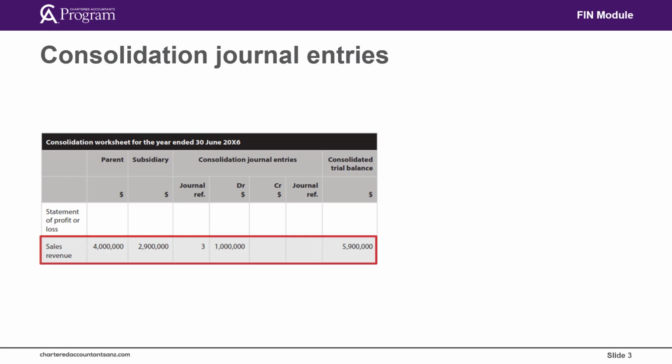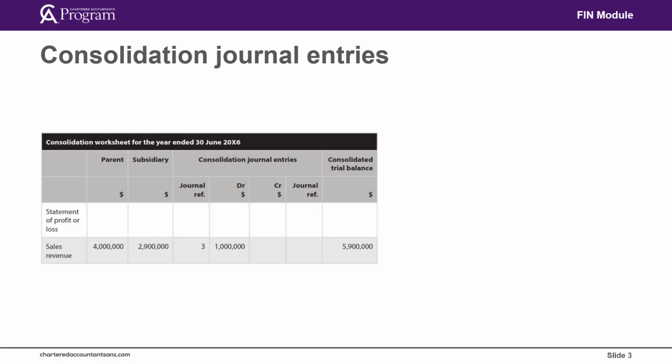So here, for example, we first add the sales revenue figures of the parent and the subsidiary to get 6.9 million. Then we need to eliminate intragroup sales during the period of 1 million to end up with a consolidated sales revenue amount of 5.9 million in the consolidated financial statements. The important thing to note here is because these consolidation journal entries are made on the consolidation worksheet, they do not alter the general ledgers of the parent or the subsidiary.